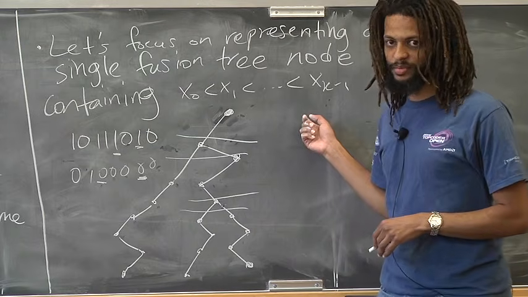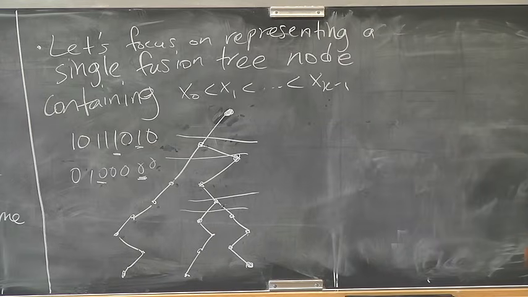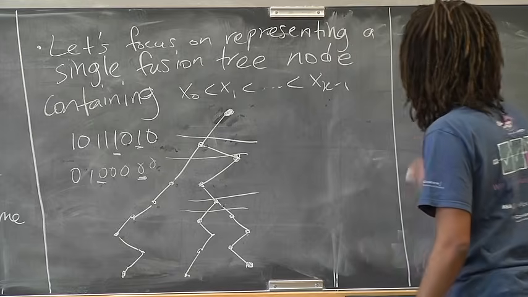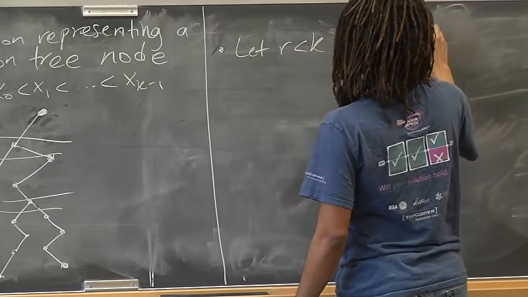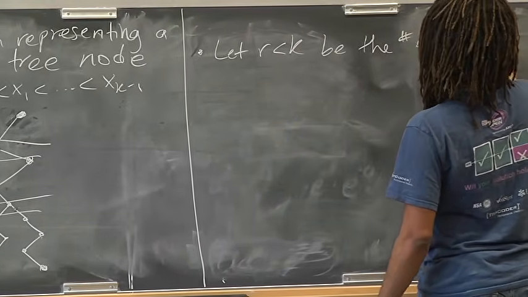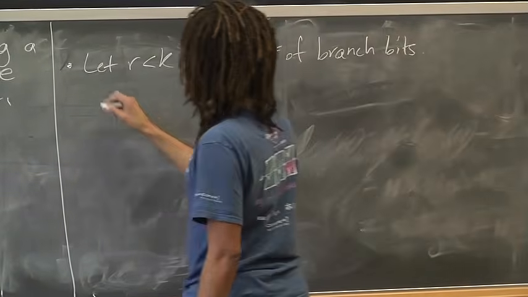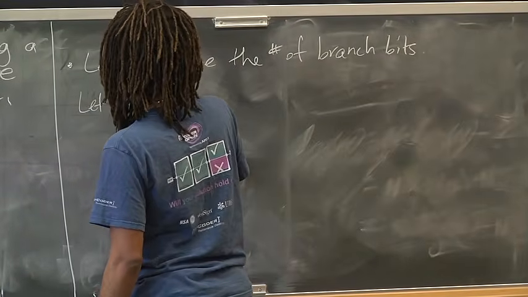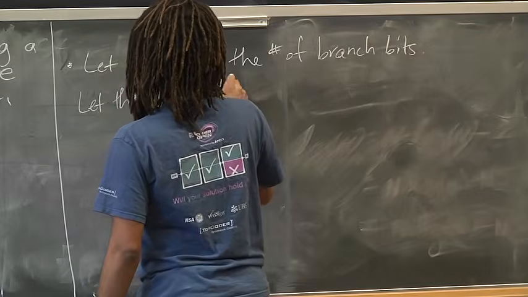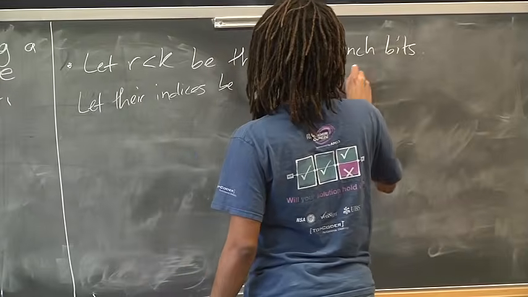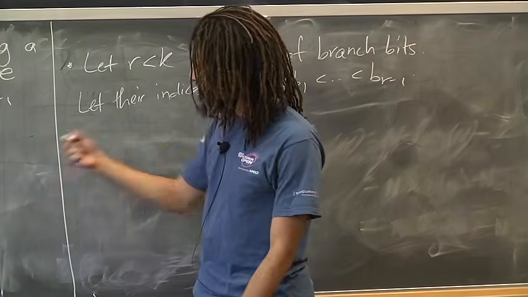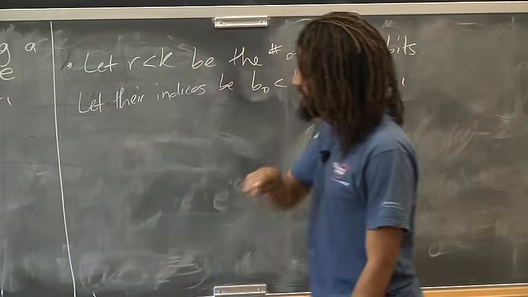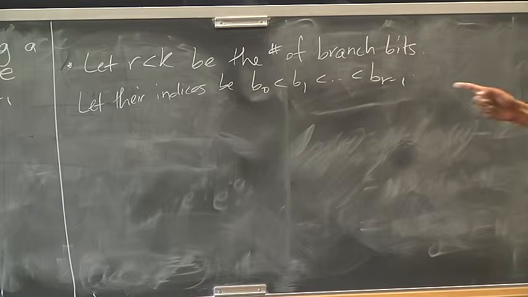So let r less than k be the number of branch bits, and let their indices be b0 less than b1 less than dot dot dot less than b sub r minus 1. These are the only bits I need to know in order to distinguish the xi's. And if I just project down to those bits, it maintains the ordering of the xi's.